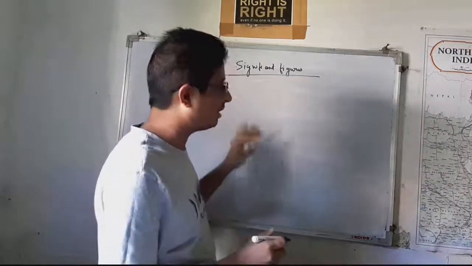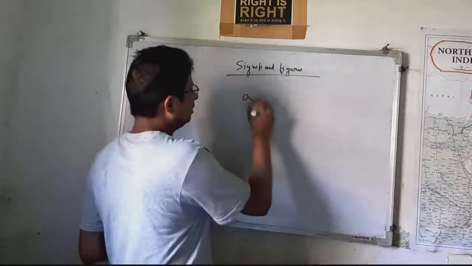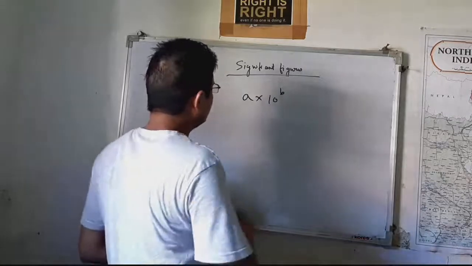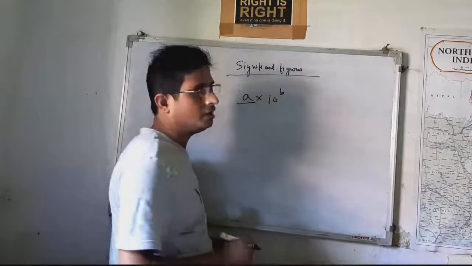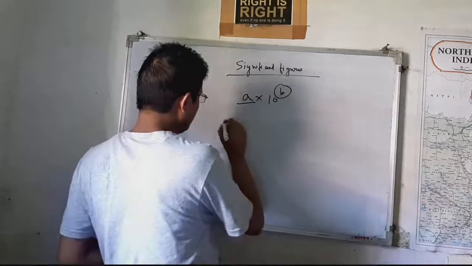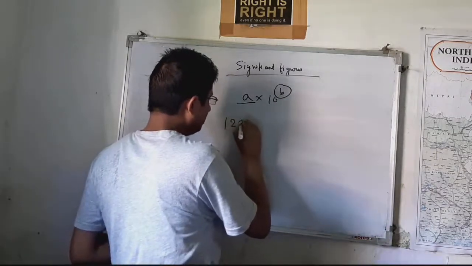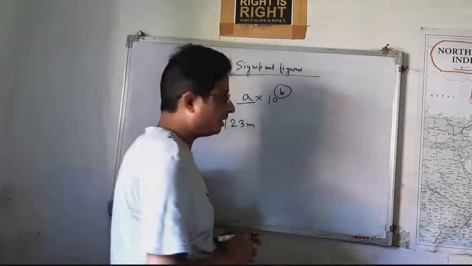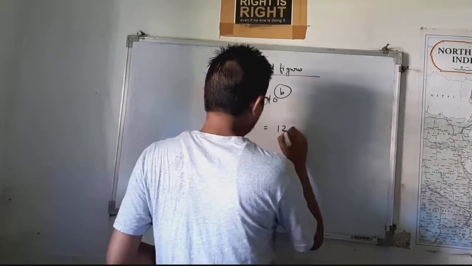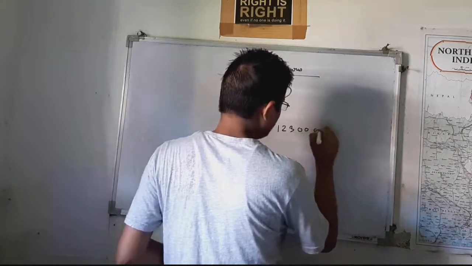That means you can express a value this way: a into 10 to the power b, where a holds the reliable terms and b is the exponent. Suppose 123 meter can be expressed as 12300 centimeter.